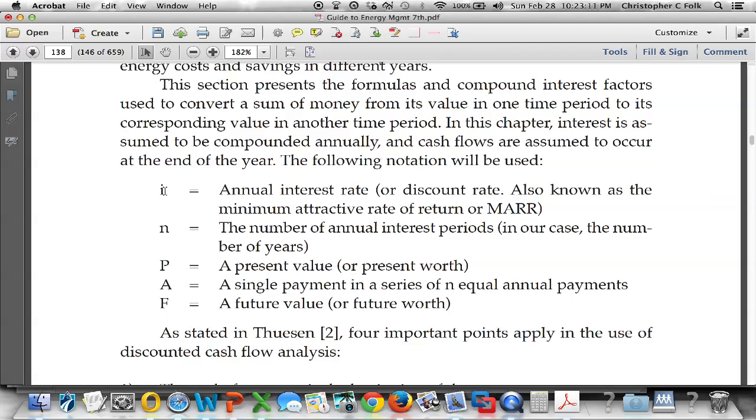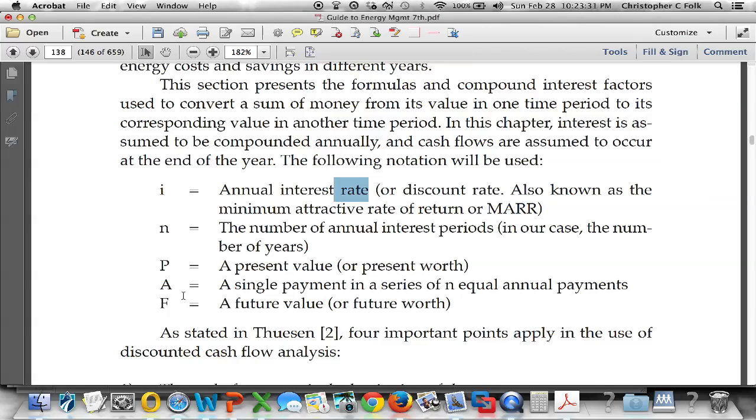I is the interest rate, also known as the rate. N is the number of years, or number of periods. We could think of it that way. Capital letter P is the present value or the present worth.